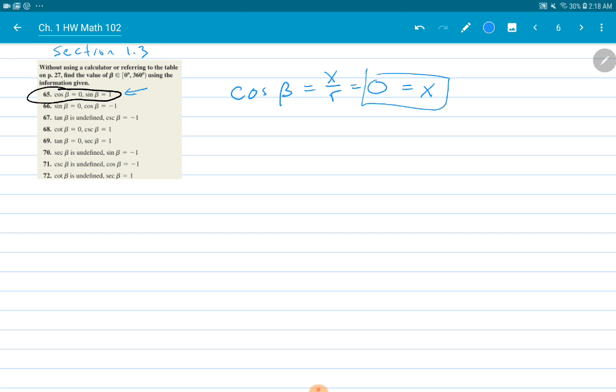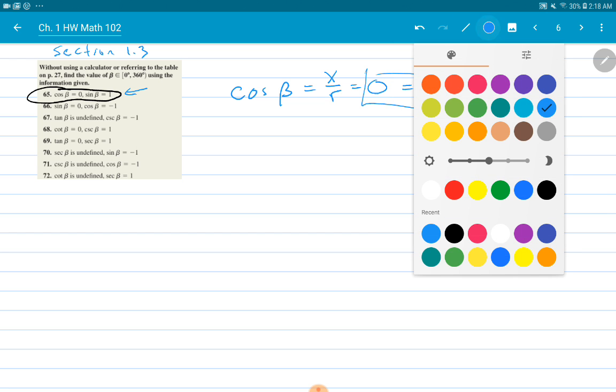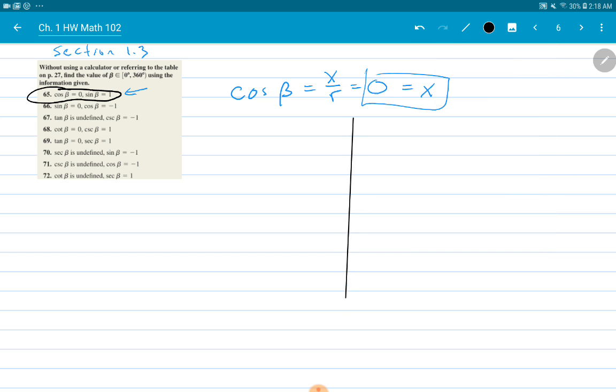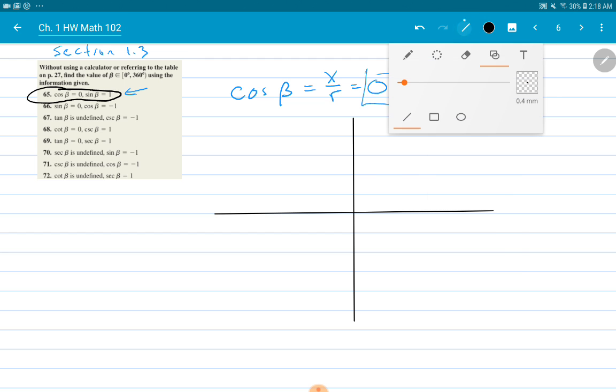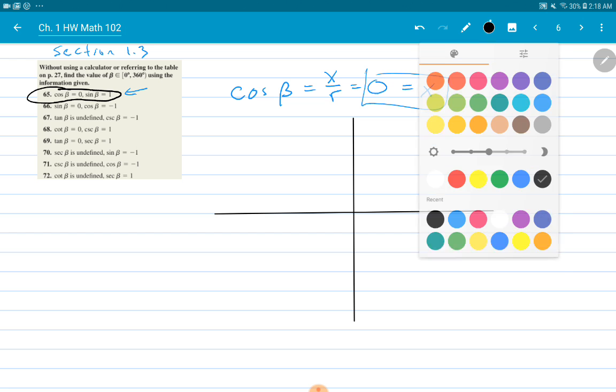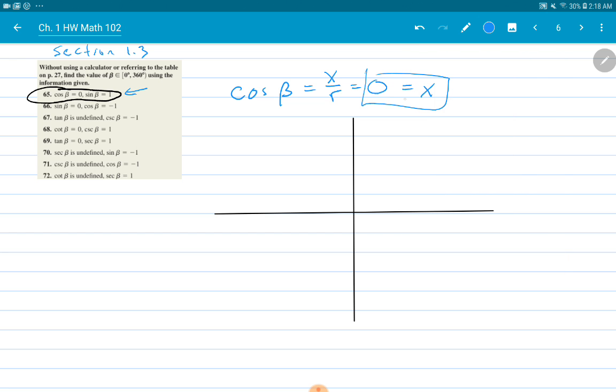So if x equals 0, when I go back to the coordinate plane, let me draw a little coordinate plane here. If x is 0, that means our terminal side must be either going up here or down here.